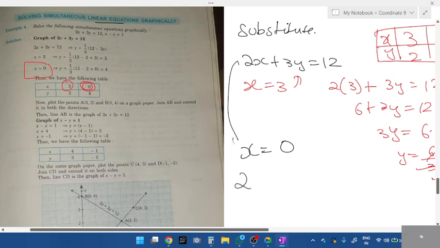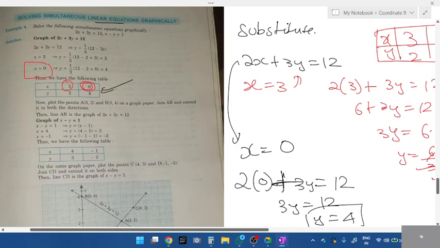Substitute in the same equation, x is equal to 0: 2 into 0 plus 3y is equal to 12. So 3y is equal to 12. What is the y value, students? Y is 4. Can you see this? For the first question, we got both values.